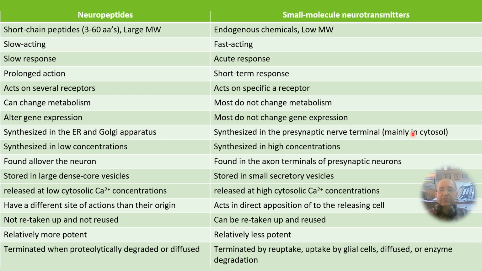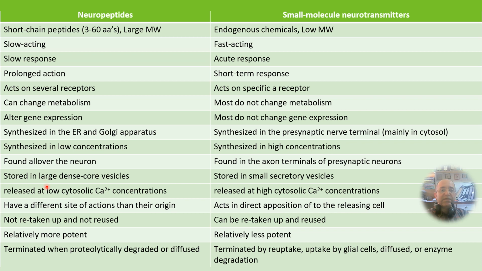There are some exceptions ورح نحكي عنهم إنه they are synthesized inside vesicles. Neuropeptides are synthesized in low concentrations, but for small molecule neurotransmitters, they are synthesized in high concentrations. Neuropeptides are found all over the neuron, but small molecule neurotransmitters are found at the axon terminals of presynaptic neurons.